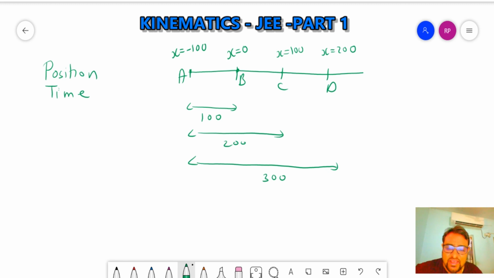If I take C as the origin, then the position of D will be 100, B will be minus 100, and A will be minus 200. So you can shift the origin. On the right side of the origin it will be positive, on the left side it will be negative. Clear?